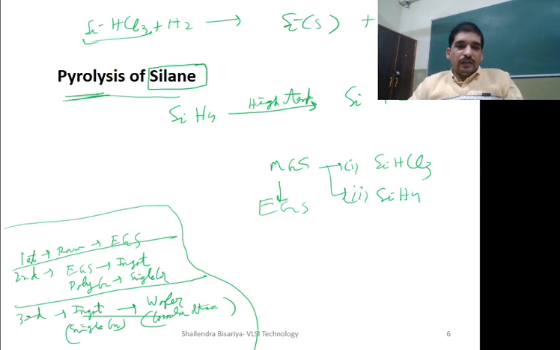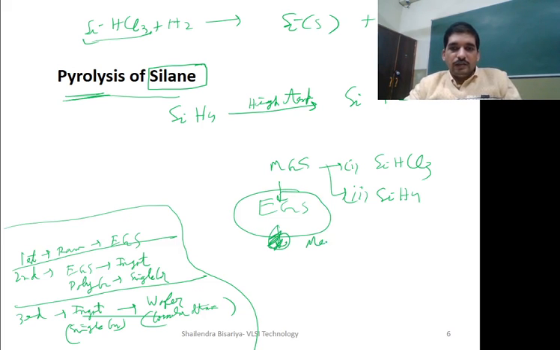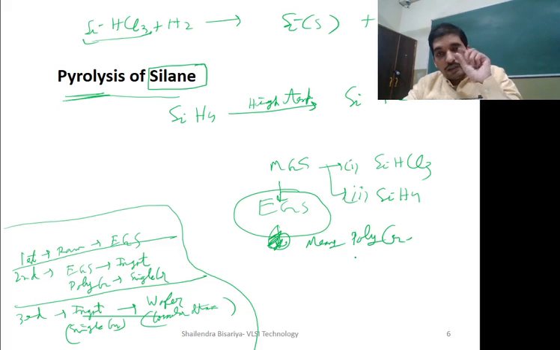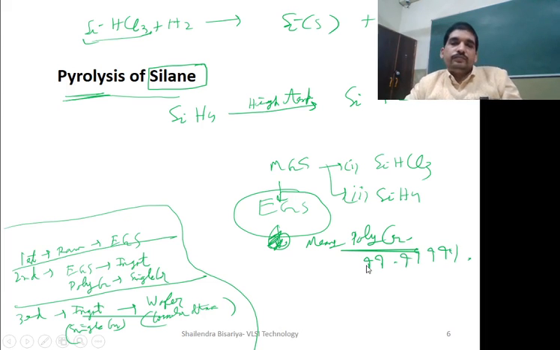We will finally obtain the EGS, and EGS means polycrystalline silicon. We have obtained the silicon crystal structure in multicrystalline, that is polycrystalline form, and this polycrystalline silicon is 99.99999% pure.